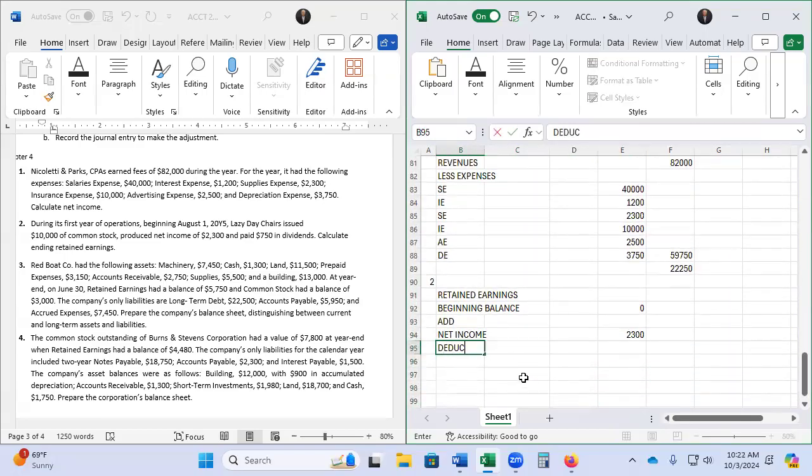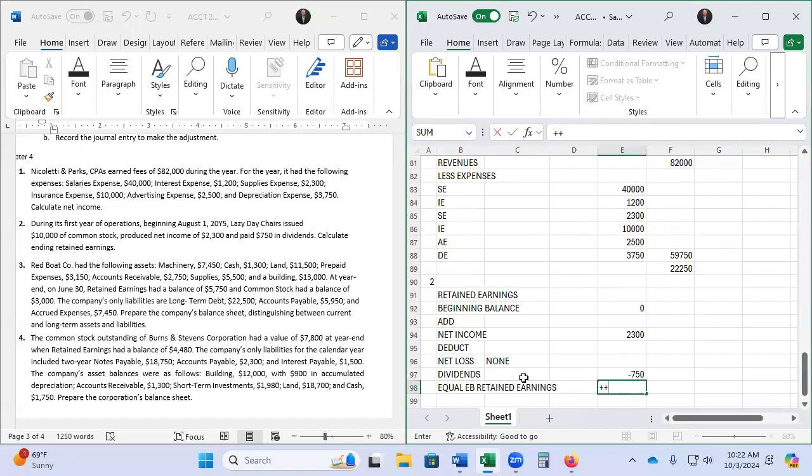We would deduct a net loss. So there was none here. And we would also deduct any dividends, excuse me. And so here it says that they paid $750, and that'll equal the ending balance in retained earnings.